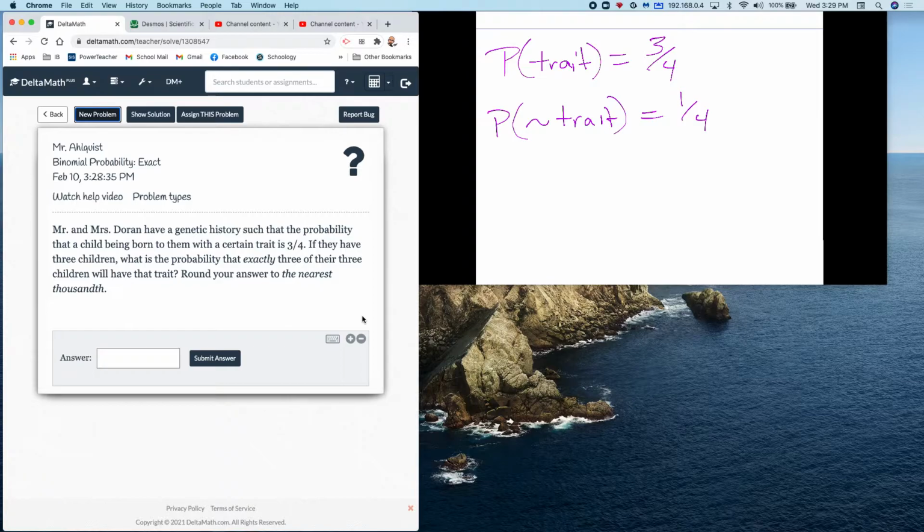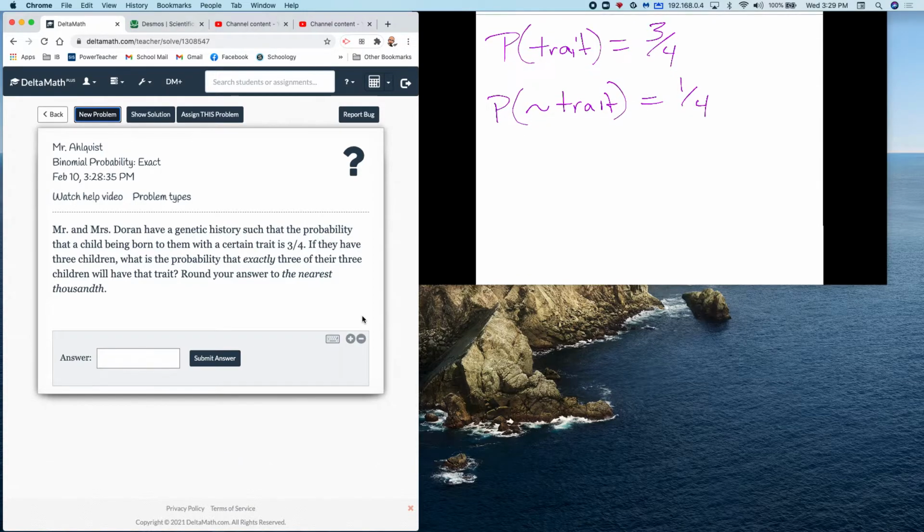If they have 3 children, what's the probability that exactly 3 of the 3 children will have the trait? So 3 kids, choose 3. They all have the trait, so that's 3/4 to the 3rd power, and 1/4 to the 0 power, because none of the kids don't have the trait.